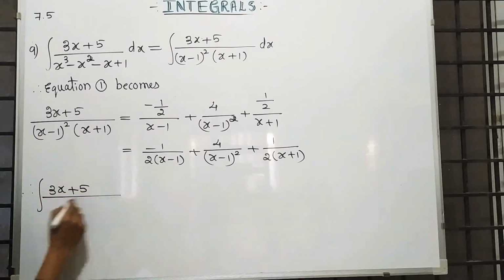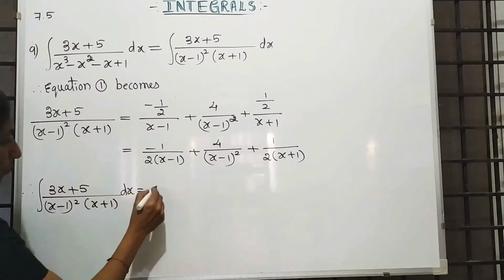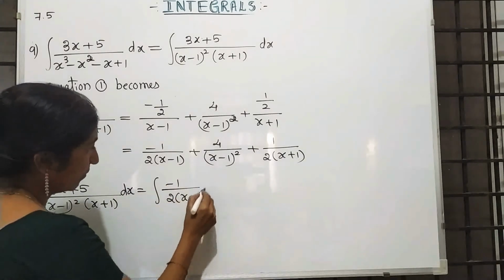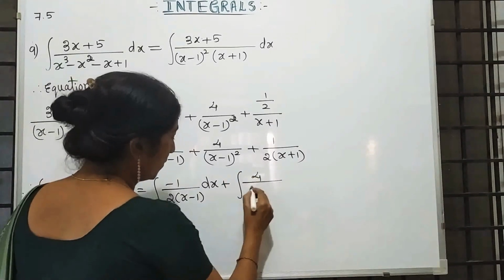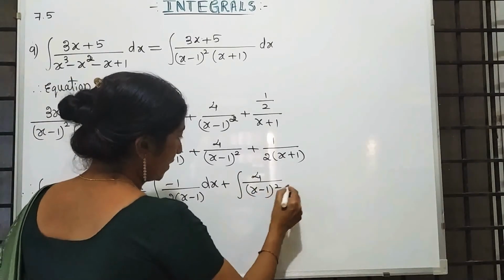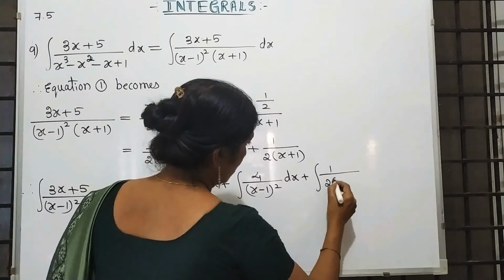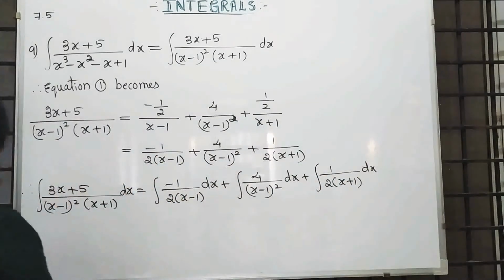Therefore, integration of (3x plus 5) upon (x minus 1) whole square into (x plus 1) is equal to minus 1 upon 2 integration of 1 upon (x minus 1) dx plus 4 integration of 1 upon (x minus 1) whole square dx plus 1 upon 2 integration of 1 upon (x plus 1) dx.